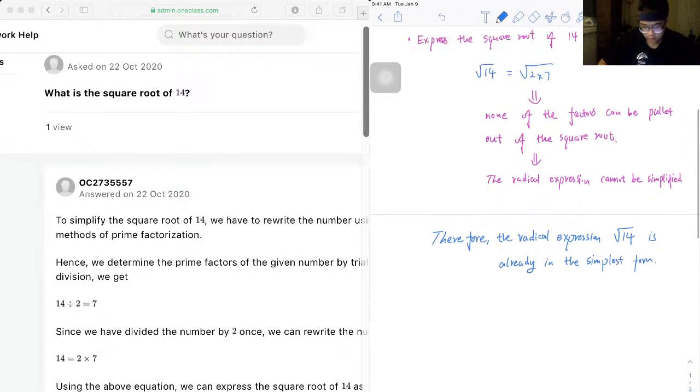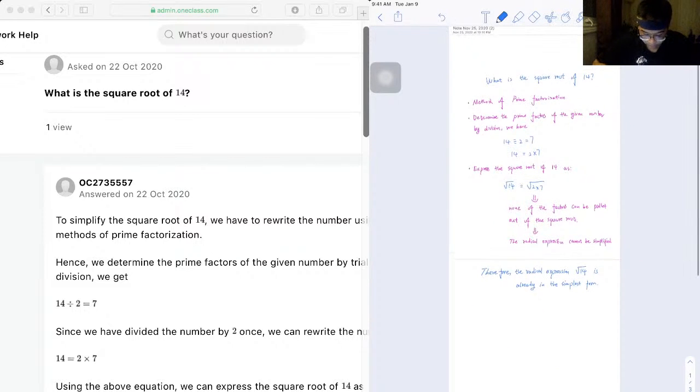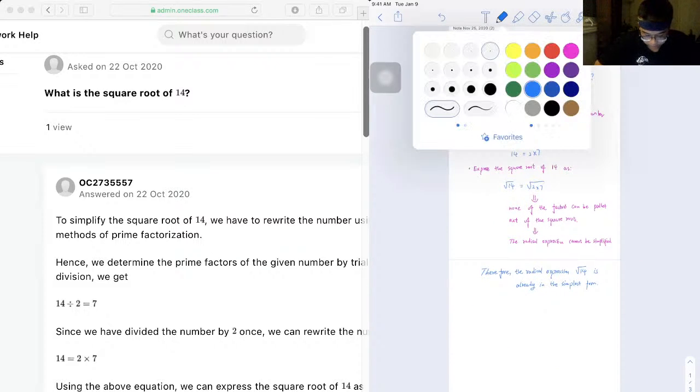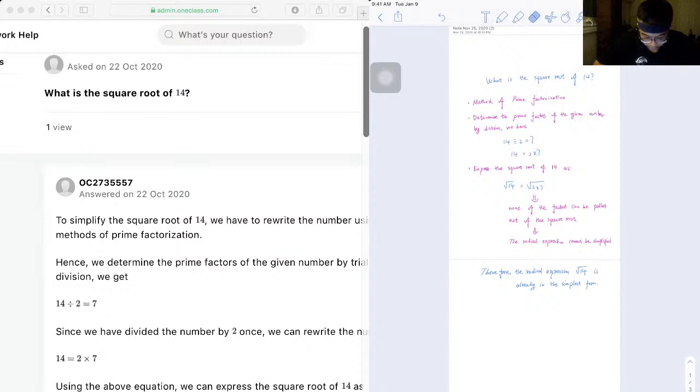So that's all we have for this question. Because at this step, we found out that none of the factors can be pulled off the square root, so root 14 will be the simplest form.